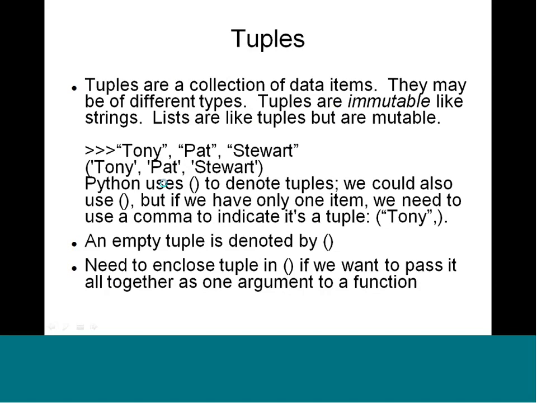Tuples are collections of data items. They may be of different types, and usually tuples are immutable, just like the strings that we saw. Lists are like tuples, but they are mutable. So there is a difference between a list and a tuple.